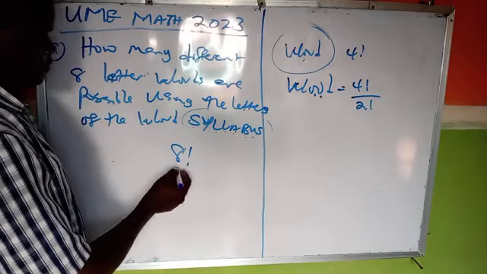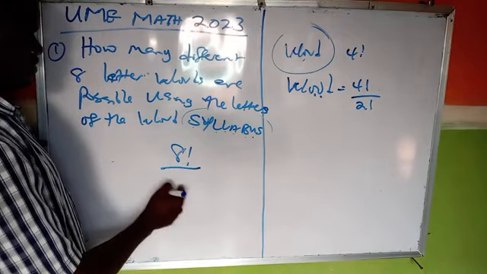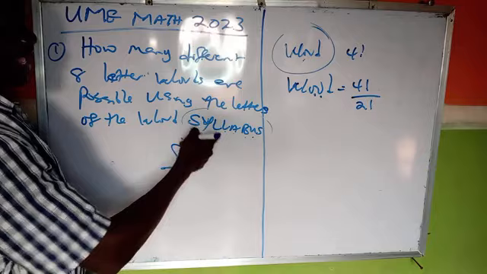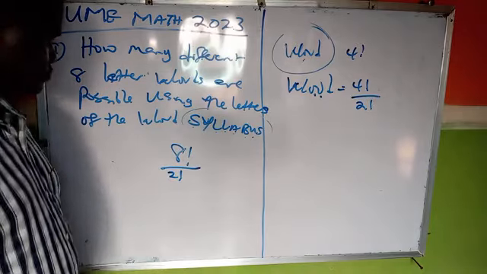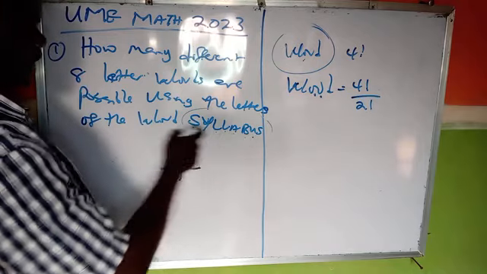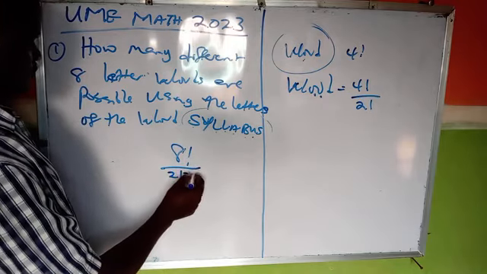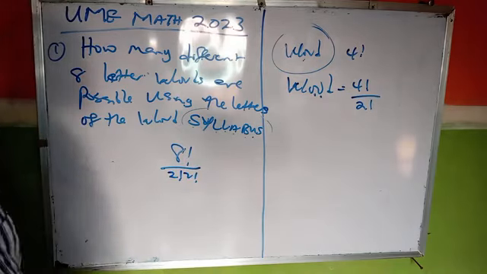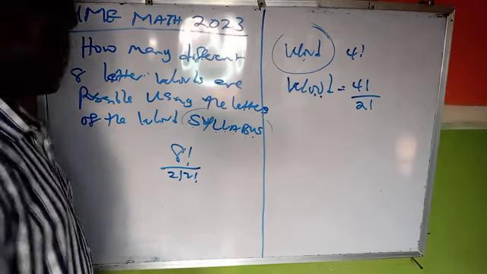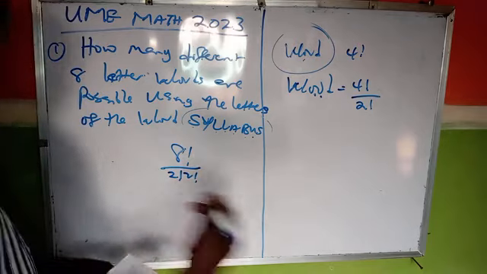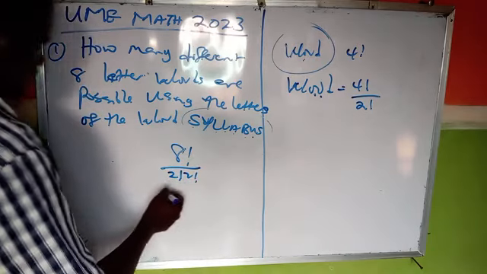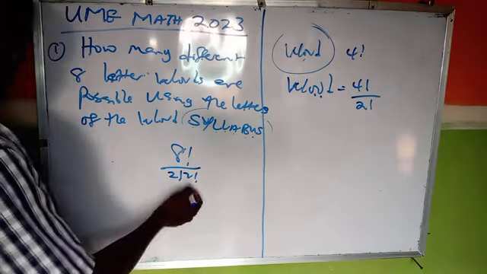So for this one, you will have 8 factorial divided by what? L, that's 2, so you have 2 factorial. Then X, you have 2 factorial. So that is it. You have different options there, but the one that is correct is this.